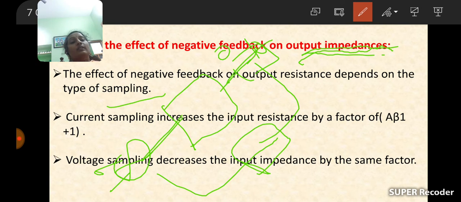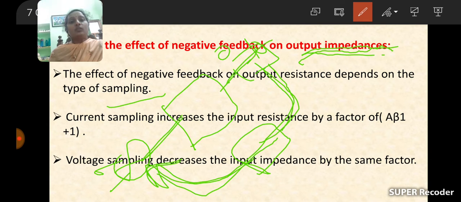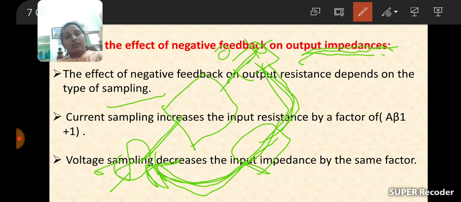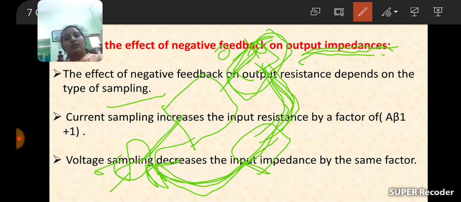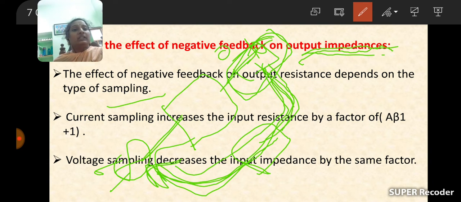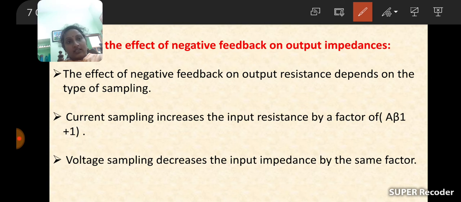Only a fraction of the output is connected back to the input. How do we get the fraction from the whole output? Because of the sampling network, which internally consists of resistors, capacitors and inductors. Because of these components, it may affect our output resistance.